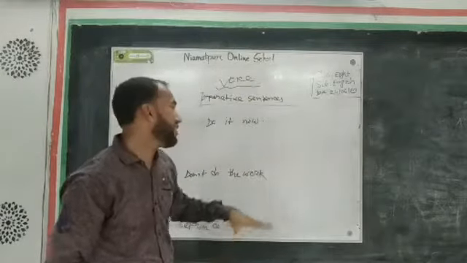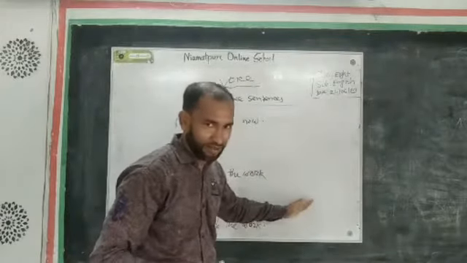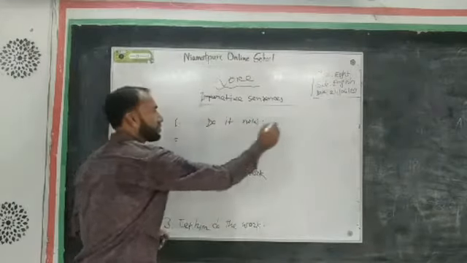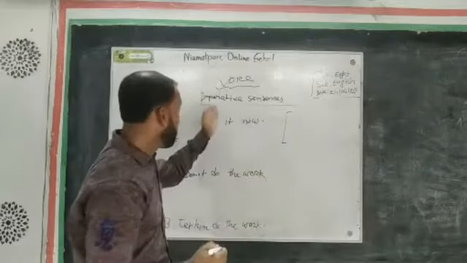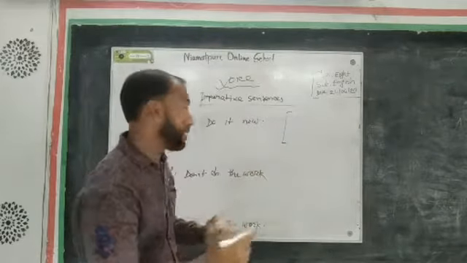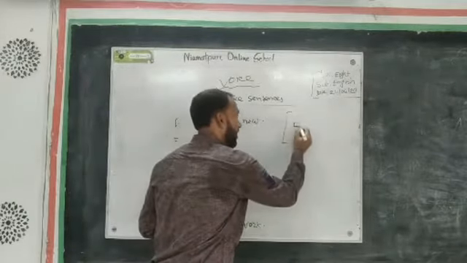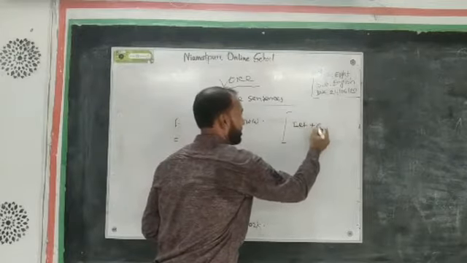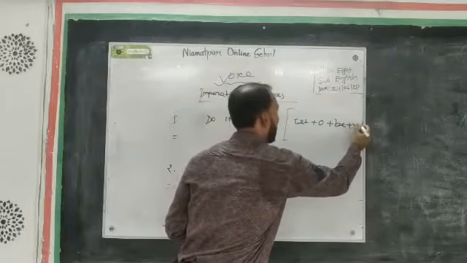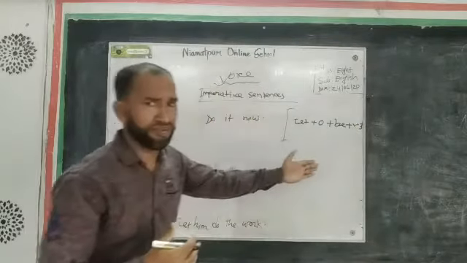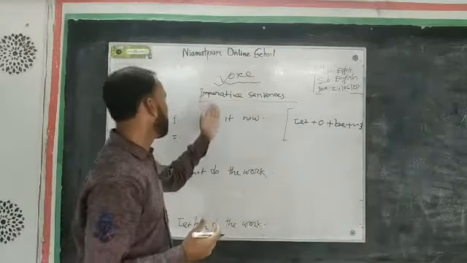The rule is: Let plus object plus be plus verb 3. That's enough. Active to passive.